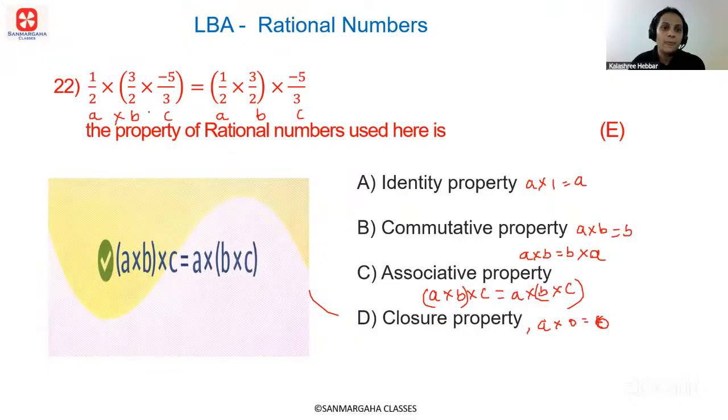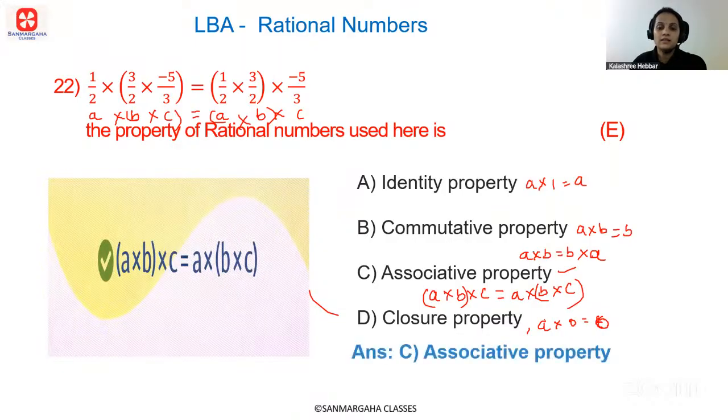Now you consider here in the RHS, which belongs to associative property. So the given number belongs to associative property. So the correct answer is option C, that is associative property. Thank you.